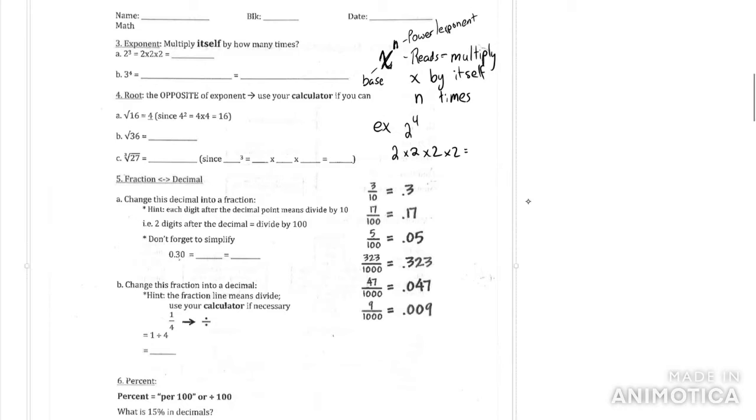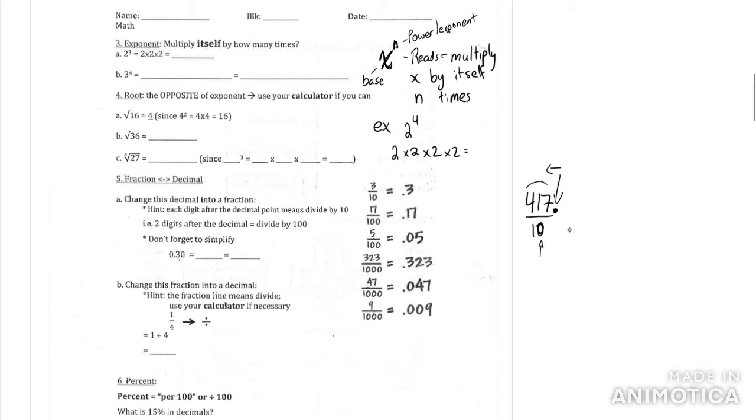So say if you have like 417 and it's over 10, you have 3 digits here, the decimal place is invisible and goes here. The 10 that's underneath it, there is 1 zero. And for every zero, when you divide, you're going to move the decimal place over that many times.